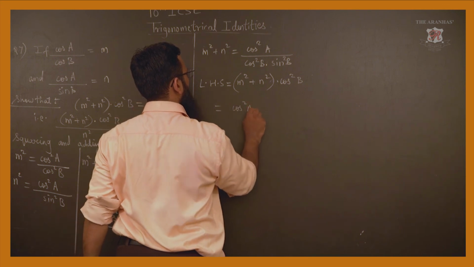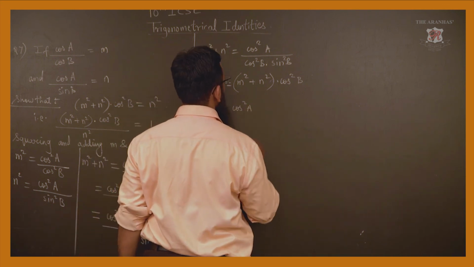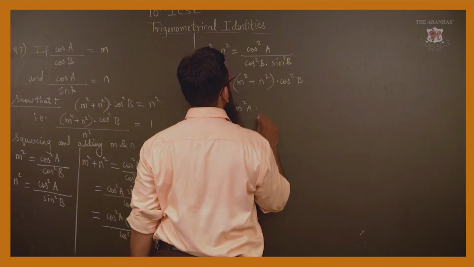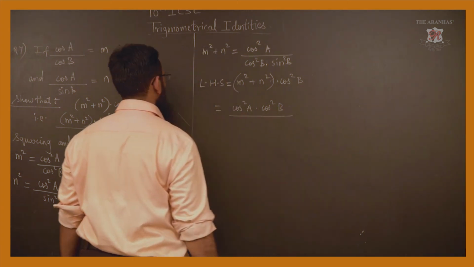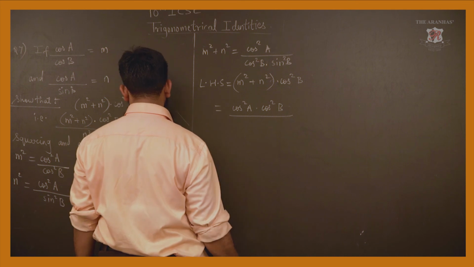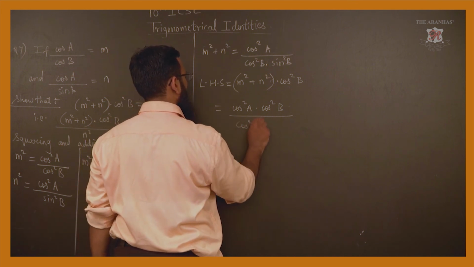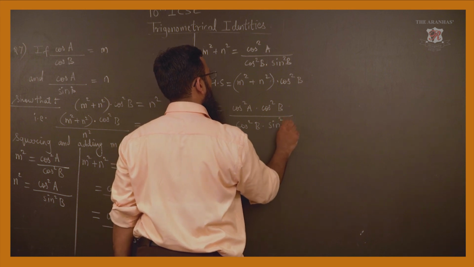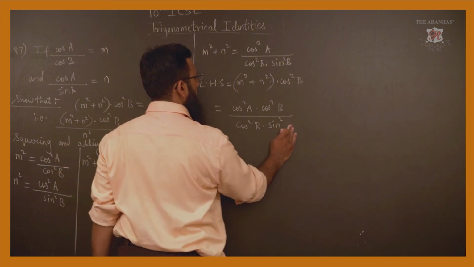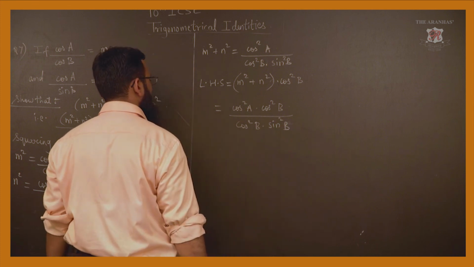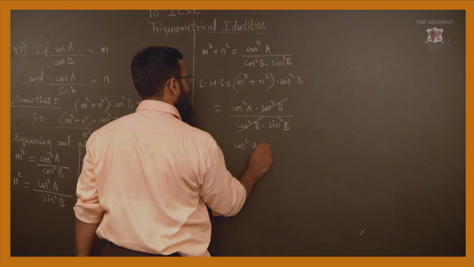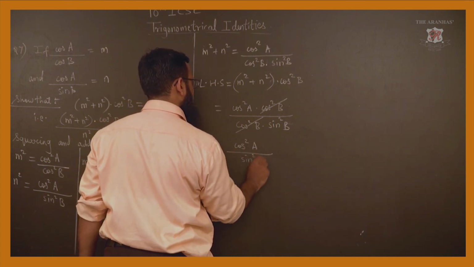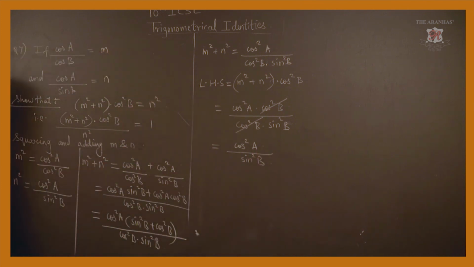So it will become cos square A into cos square B upon cos square B into sin square B. Like terms get cancelled out and what remains with us is cos square A upon sin square B. If you observe, students, this is nothing but your n square.